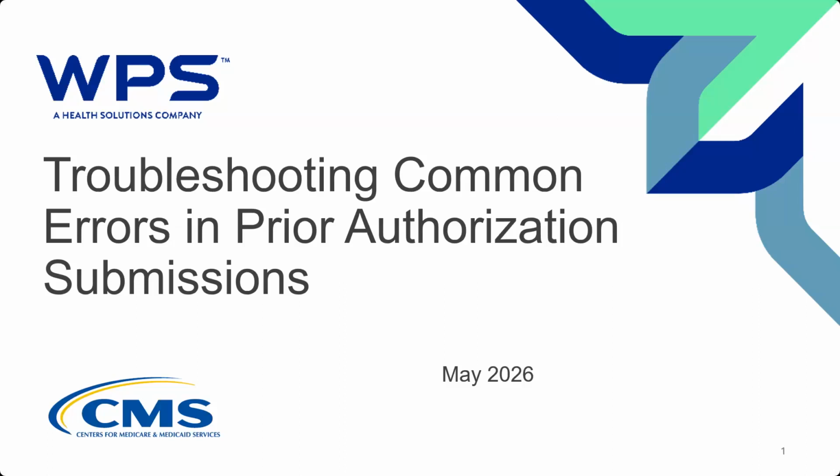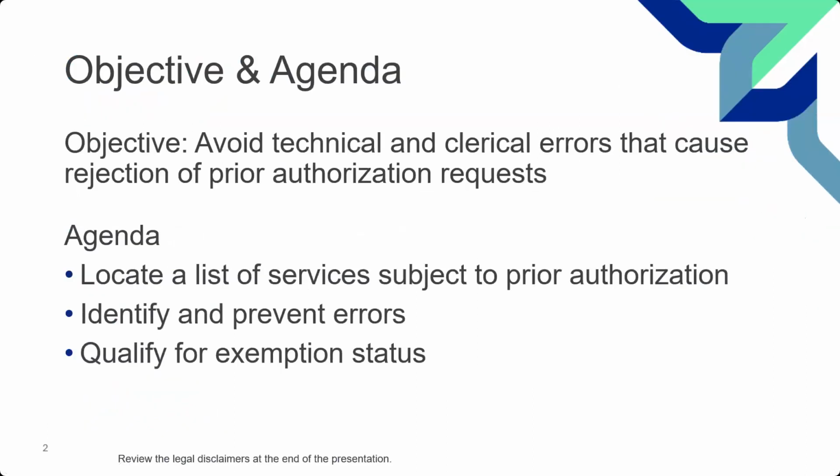Today we're focusing on errors that WPS is seeing in the submission of prior authorizations, and then we're troubleshooting, as the title alludes to, ways to prevent them. Our goal is to help you avoid technical and clerical errors that cause rejection of prior authorization requests.